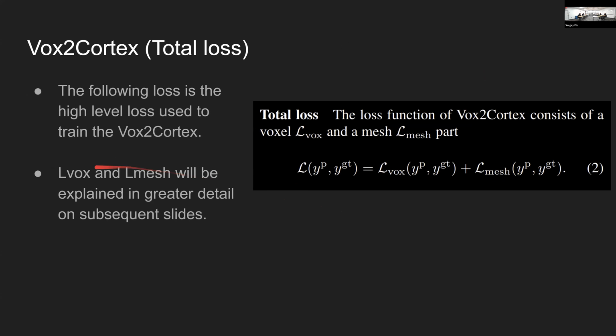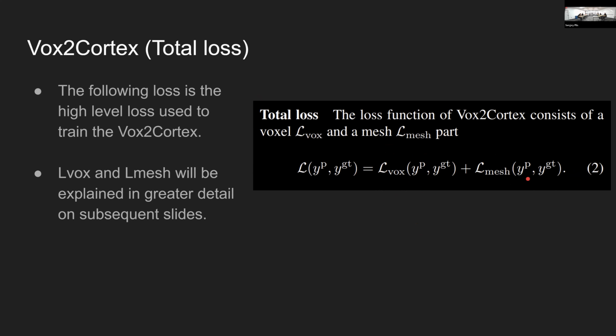Okay. So this is where I start getting into the loss functions. There's basically two loss functions. If you recall back to the CNN and the GNN, this is probably a loss that's more impactful on the CNN because it pertains to the segmentation maps, and this is a loss that's more impactful on the GNN, the mesh deformation.